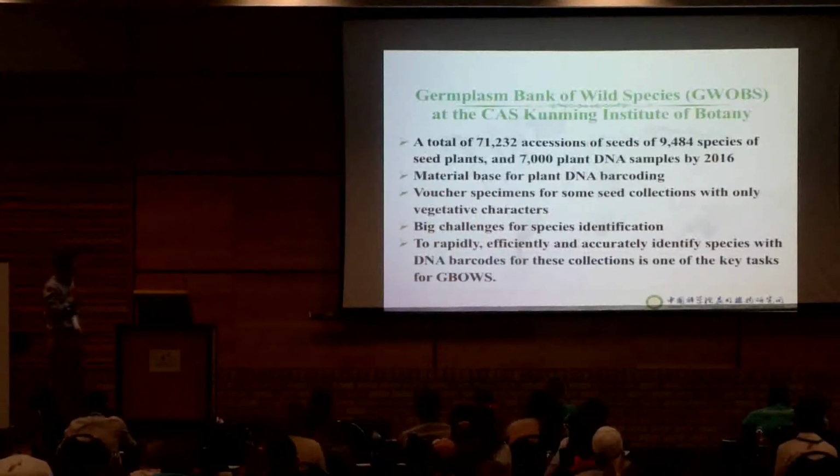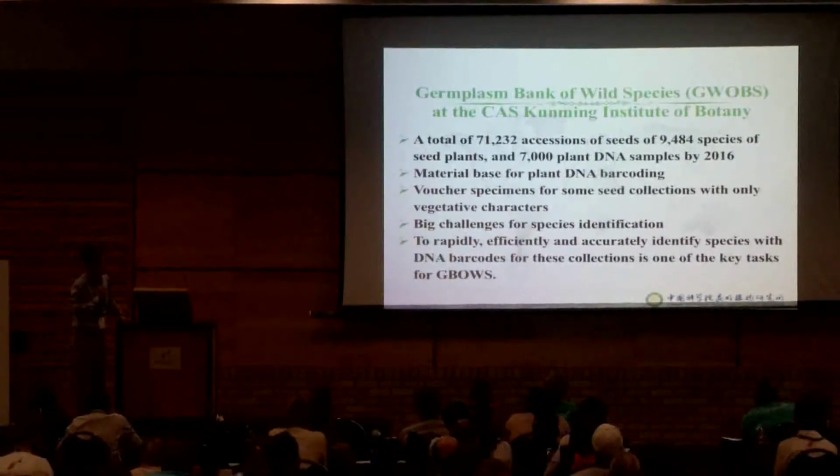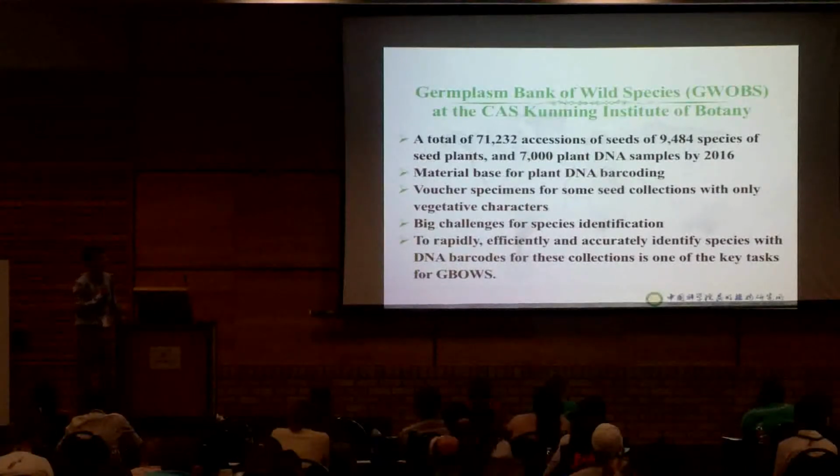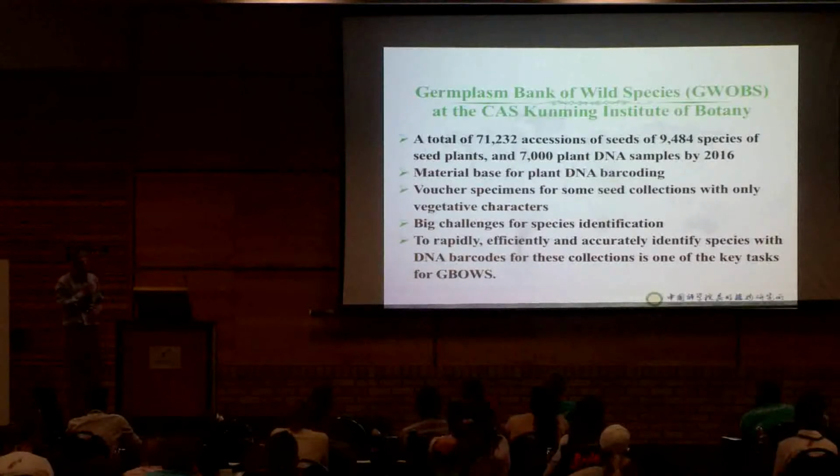And now, actually, we will also house what we call a germplasm bank of wild species, mainly focusing on plants and particularly seeds. By last year, we got something like 71,000 accessions of seeds representing more than 9,000, about 9,500 species, which is 32% of the flora.